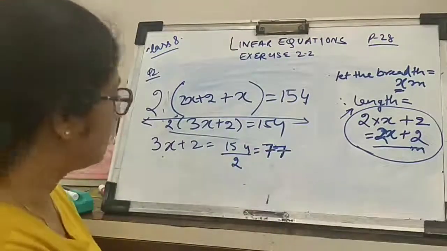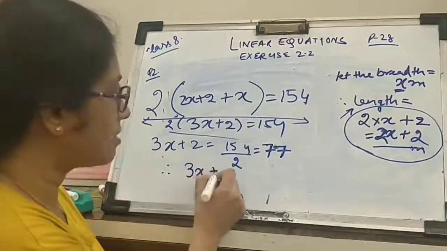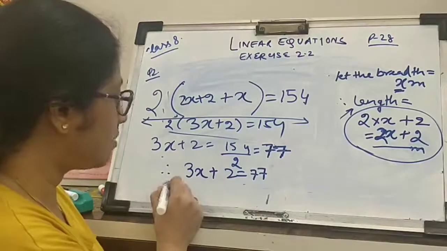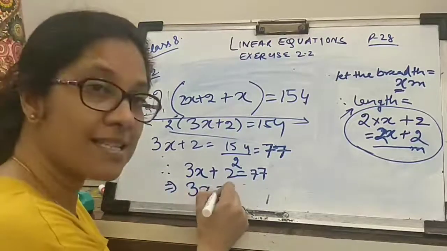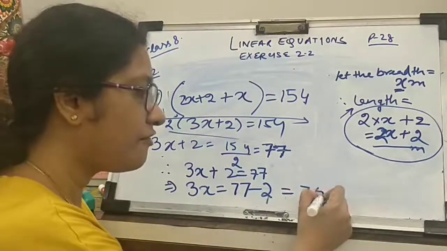Okay. Therefore, 3x plus 2 is 77. And so, 3x is 77 minus 2, which is 75.